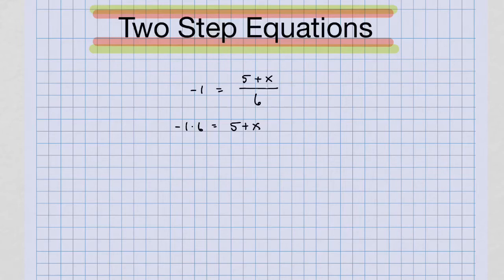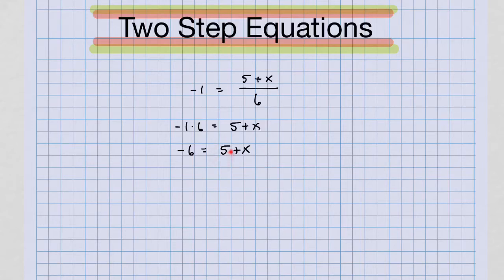We simply multiplied both sides by 6, moving it across the equation. Something dividing, moving it across means we need to multiply. So now we have negative 6 equals 5 plus x.